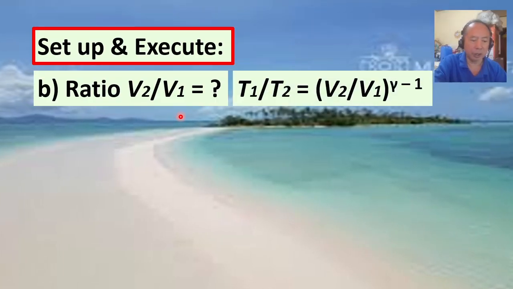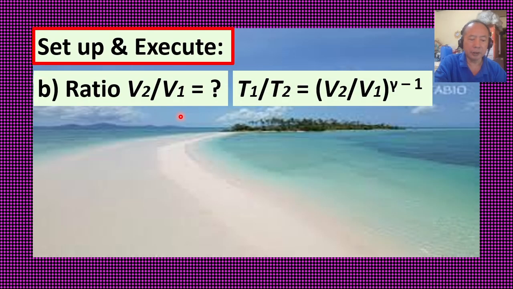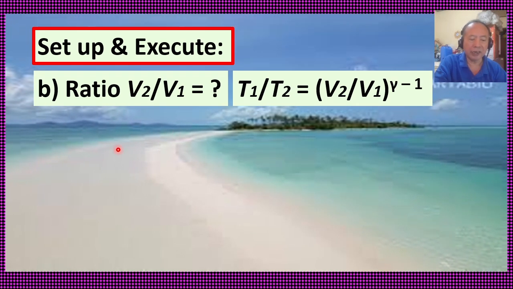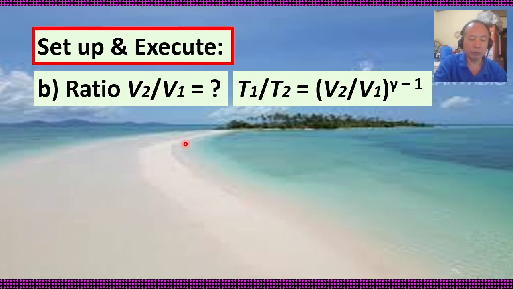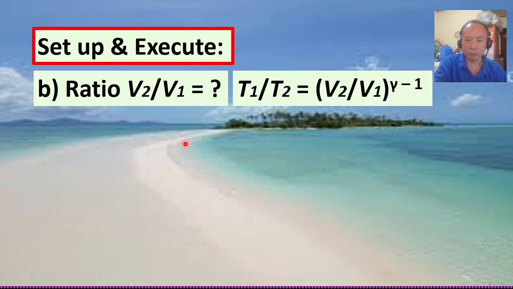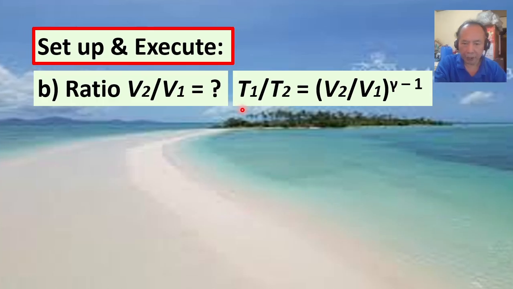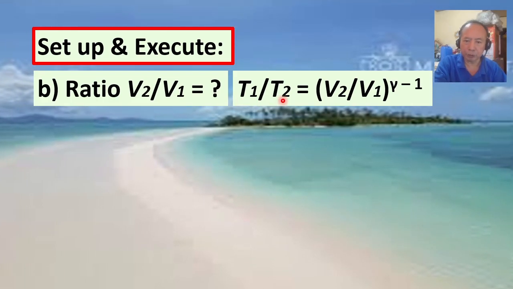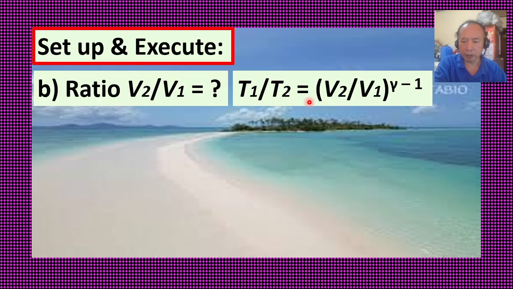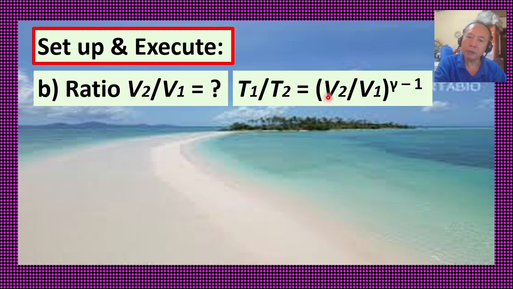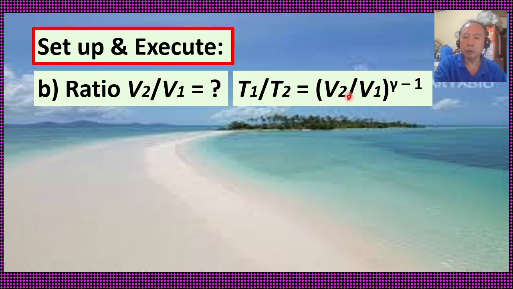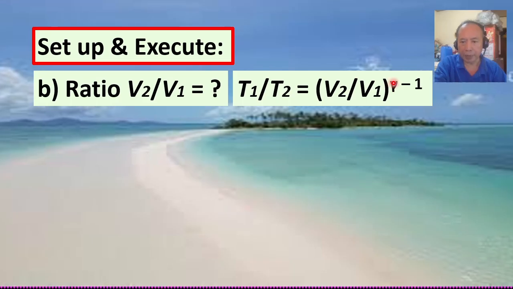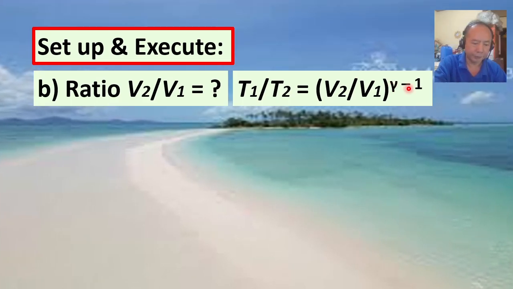So based on another derived formula for an adiabatic process, relating the temperature ratio and volume ratio, that is capital T sub 1 over capital T sub 2 equals the ratio of the final volume V2 to the initial volume V1 raised to the power gamma minus 1.